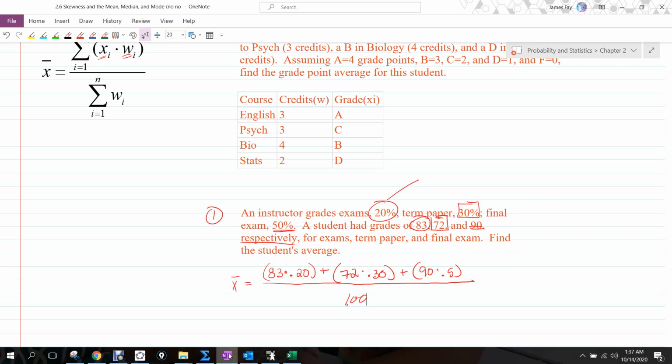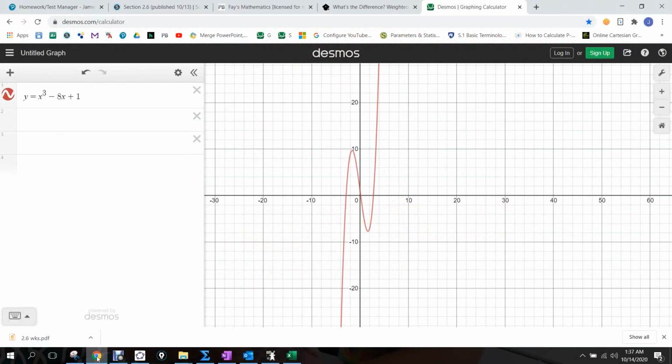So I'm going to just grab Desmos here real quick.